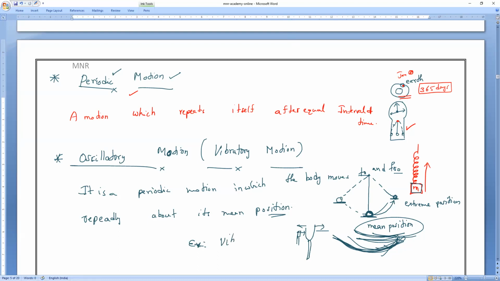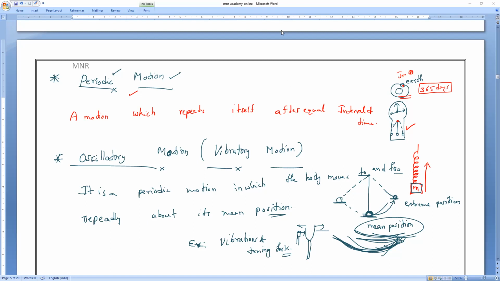Vibrations of a tuning fork are called oscillatory motion. I hope everybody understands. Tuning fork spelling: T-U-N-I-N-G, F-O-R-K.